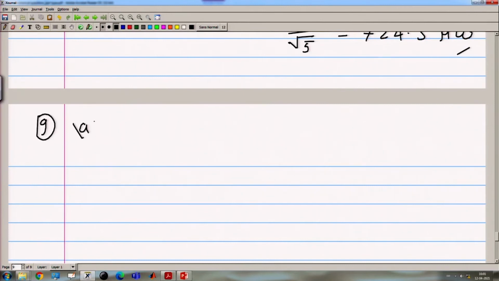For the A part, un will be, for x plus z equal to a constant, (ux plus uz) by root 2. So, this is the unit vector on x plus z equal to constant, and the total power passing through the square plate of side 10 centimeter.